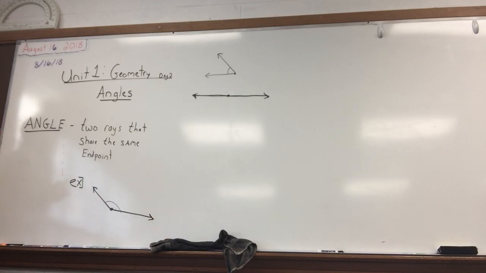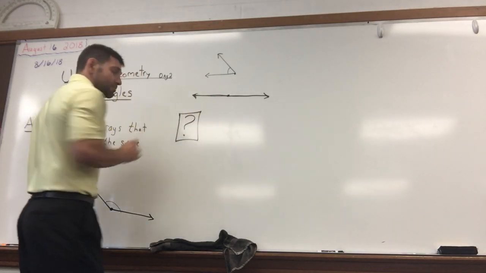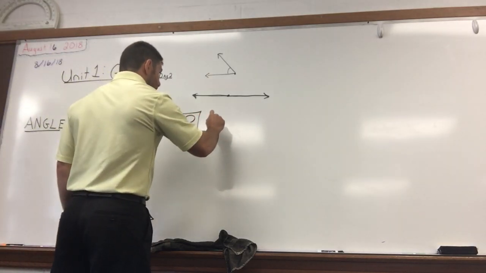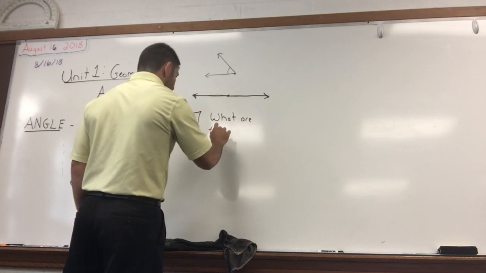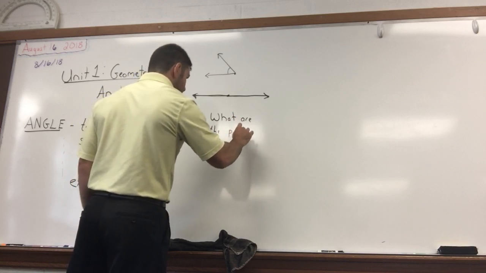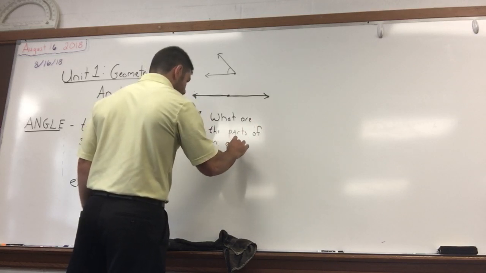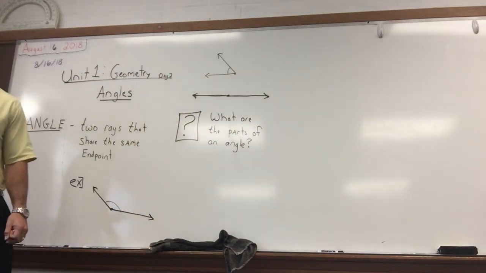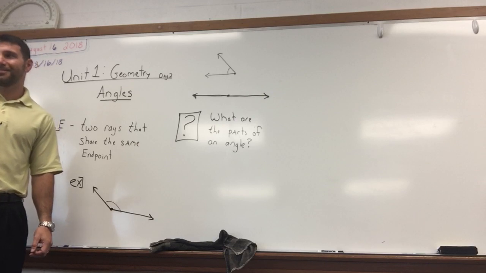Now, let's talk about angles. So here's my first important question. So this is an important question. What are the parts of an angle? We've got two parts of an angle.